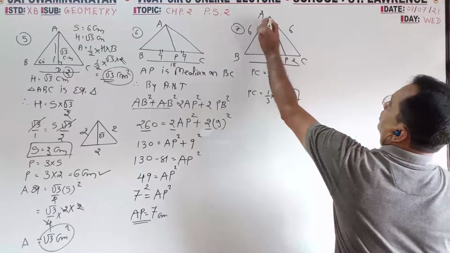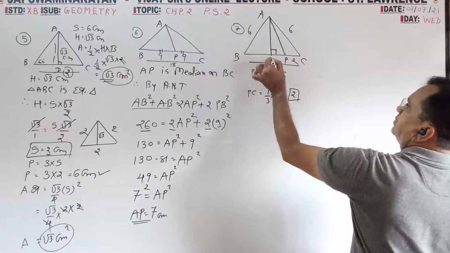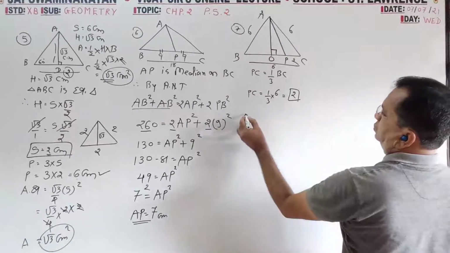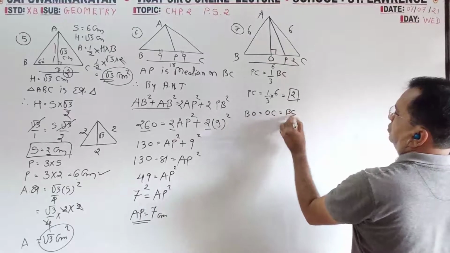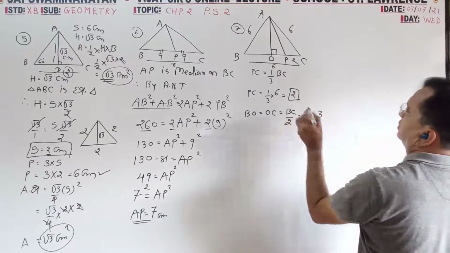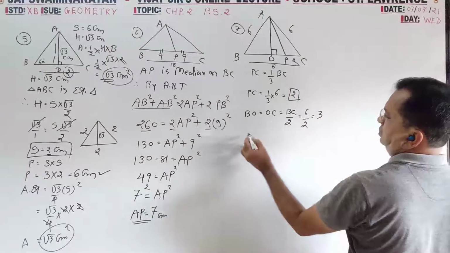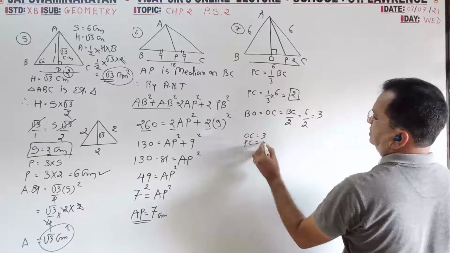Now draw a perpendicular, that is O. So BO is equal to OC is equal to BC half. So 6 half, it is 3. So OC is equal to 3. PC is equal to 2.